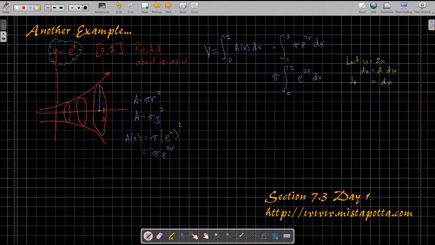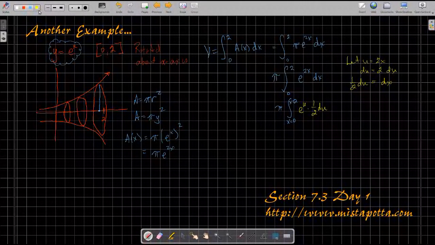So I'm going to need a 1/2 du. So this problem is going to be pi times the integral from 0 to 2 of, in terms of u, this is e to the u times 1/2 du. Keep in mind, though, that this is really x equals 2 and x equals 0.